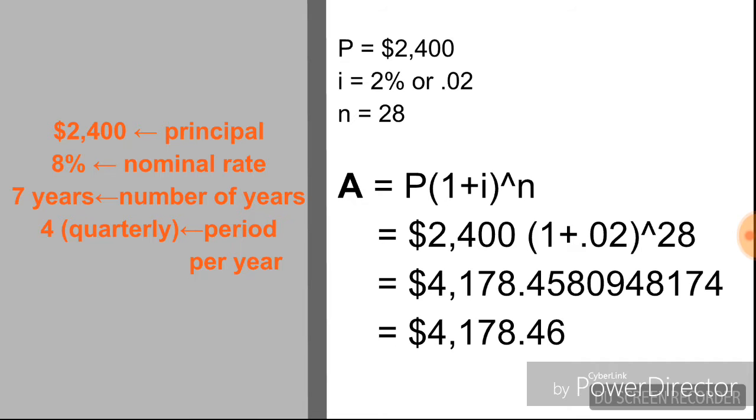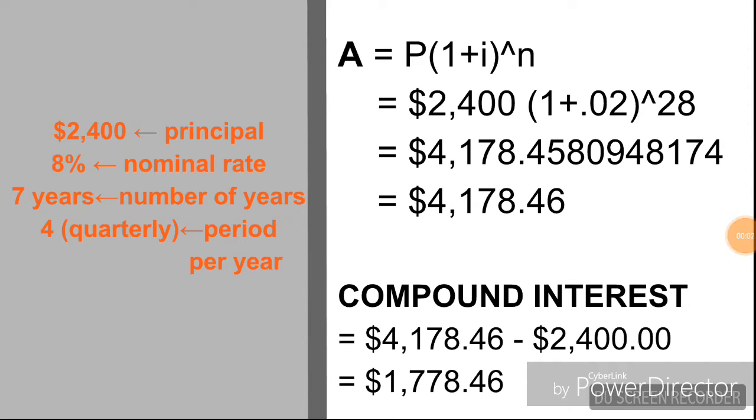A equals P times 1 plus i raised to the nth power. $2,400 times 1 plus 0.02 raised to the 28th power. The answer is $4,178.46.